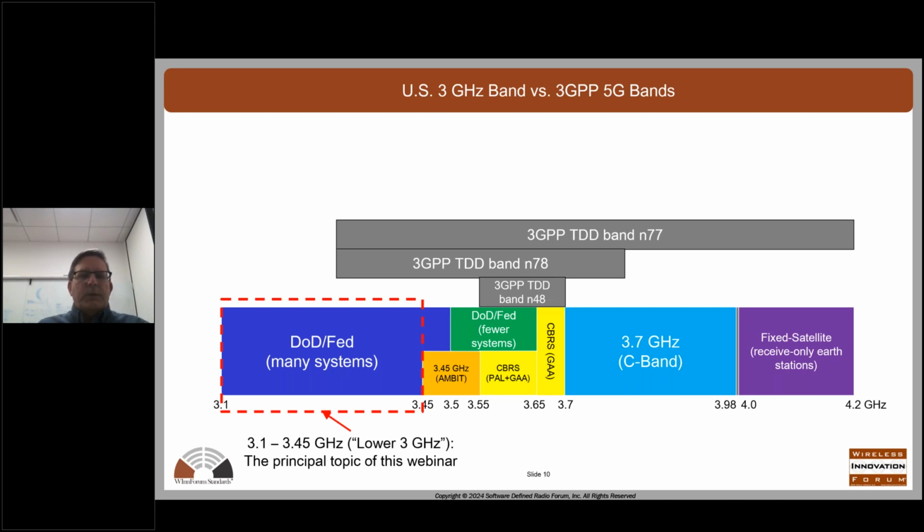Okay, so specifically, what are we talking about today? When we say lower 3 gigahertz, this part outlined in the red box, that's what we're talking about. The interest now is, now that we've rejiggered the fixed satellite service band up at the top to fit in 3.7, we've defined the CBRS band in 3.55 to 3.7, and the AMBIT band is now operating in 3.45 to 3.55.